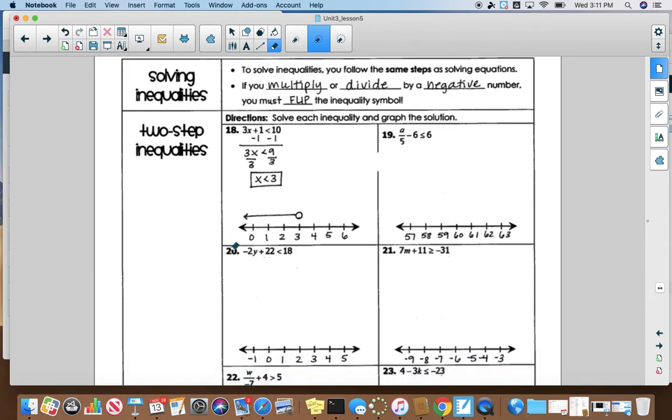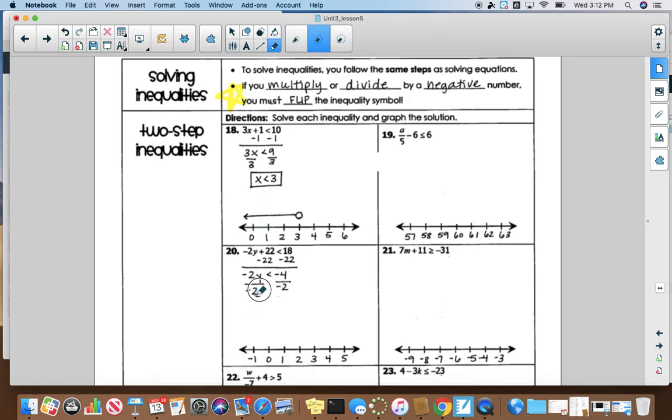All right, number 20. Pretend like the inequality is an equal sign. So we would subtract 22 from both sides to get -2y is less than -4. Divide by -2. So here is where the rule comes in. If you multiply or divide by a negative number, you must flip.